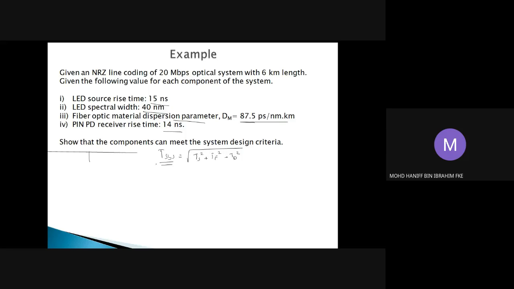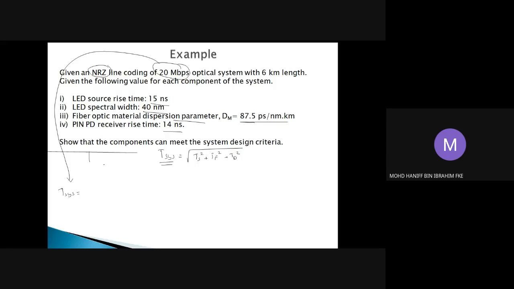But first, the question states that we are using the NRZ line coding with a given data rate of 20 megabit per second. From this information, we can calculate the system rise time.